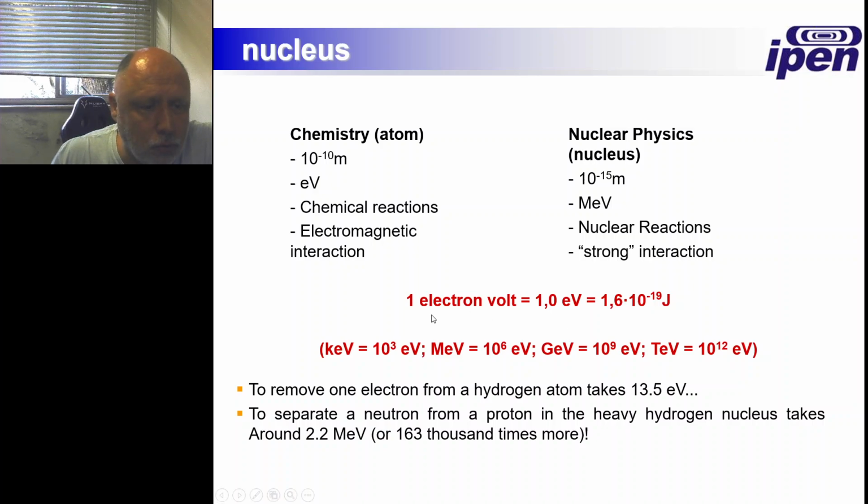Just as a side note, and this is an important thing here, the electron volt is a unit we use for atomic and nuclear structures for one reason. It's an energy unit, but if we talk about joules, we have something like 10 to the minus 19 joules would be a typical interaction in chemistry.